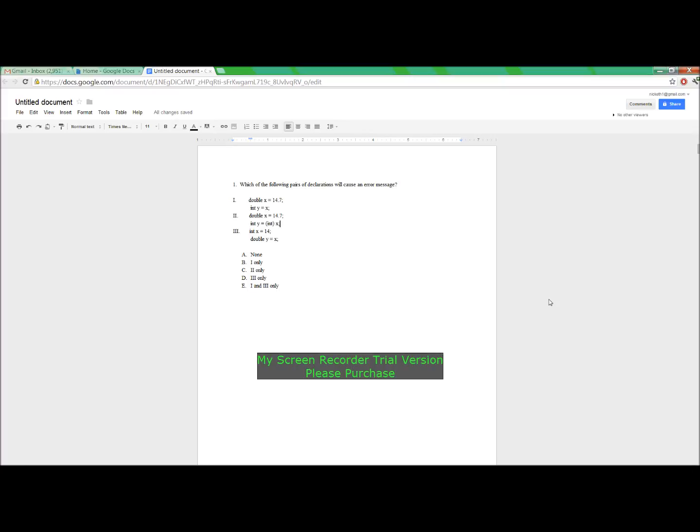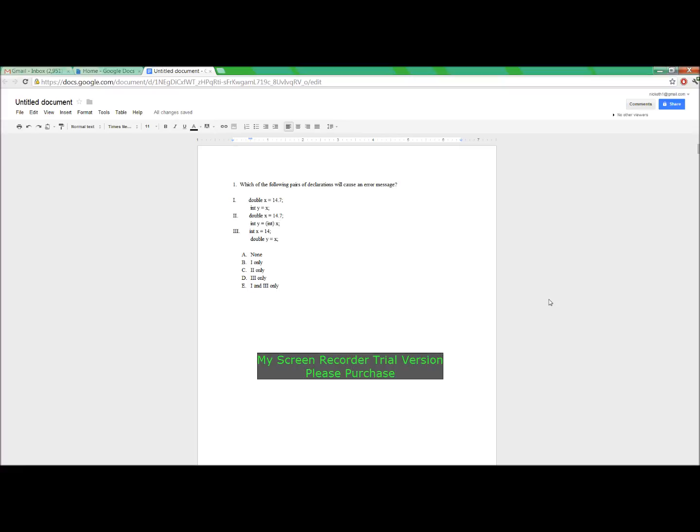In an integer, you have a signed integer with 32 bits of information. And a double has a lot more than that. So definitely a double can't fit straight into an integer. And so with number 1, there's a problem because you're trying to put 14.7 into an integer, and that just won't fit.